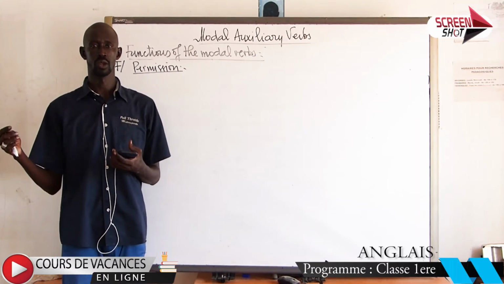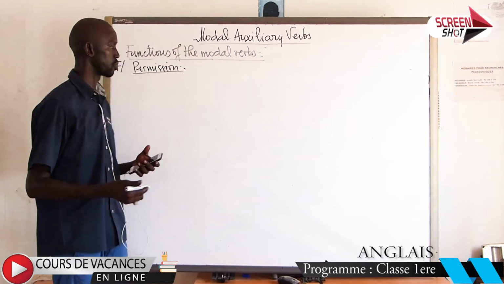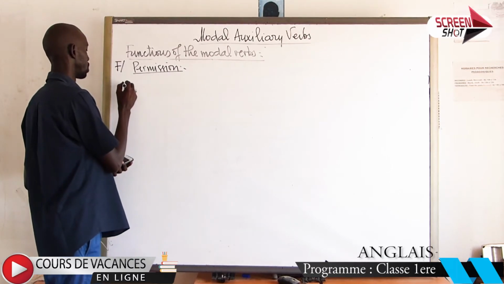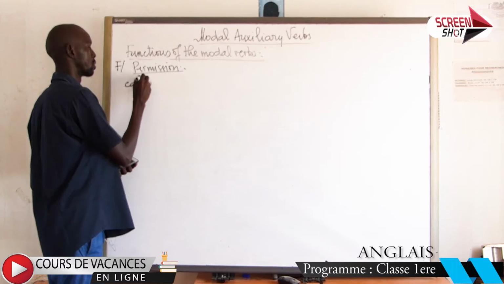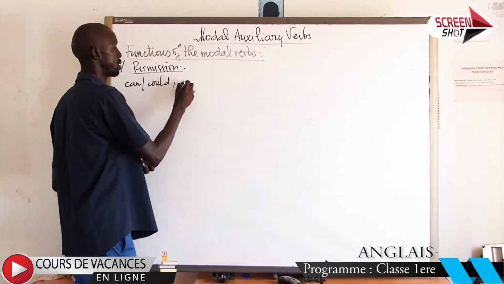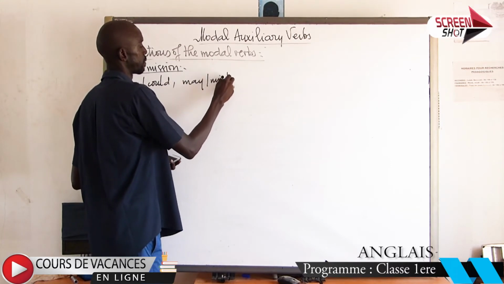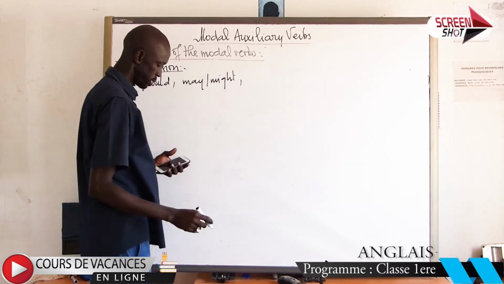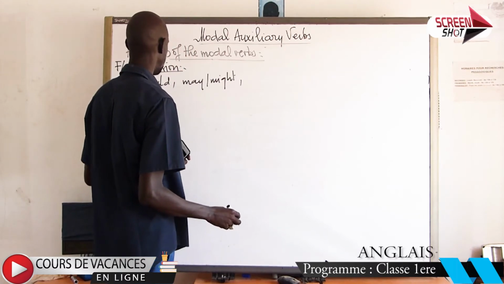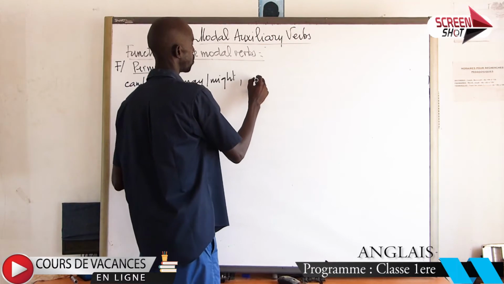There are some other students who say, may I go out? It depends. So we can use the modal can, or could, or may, might. It can be to allow.